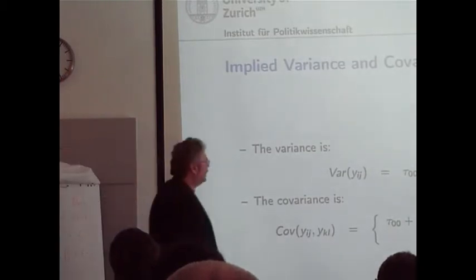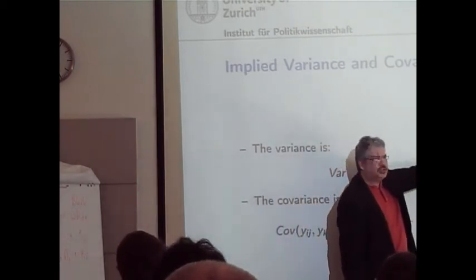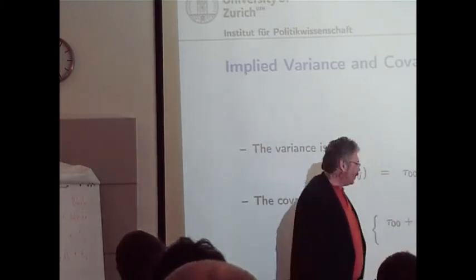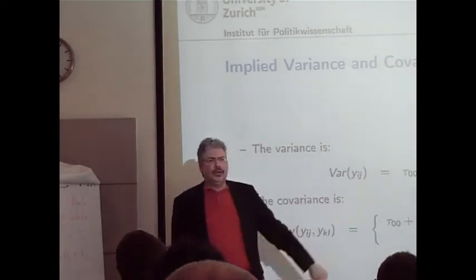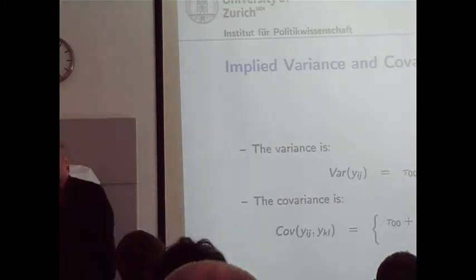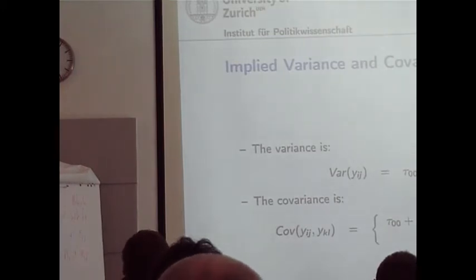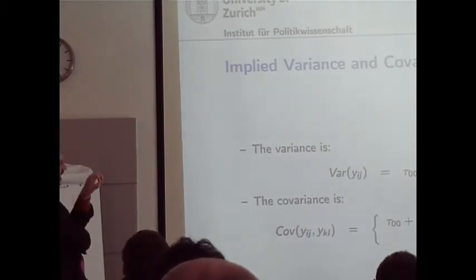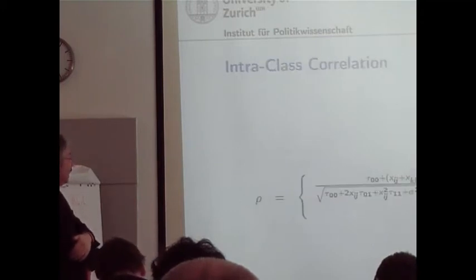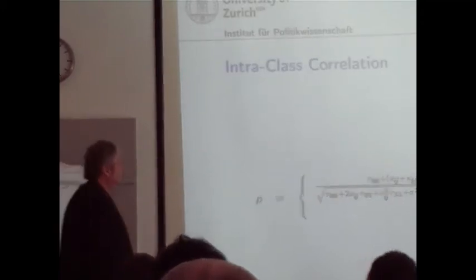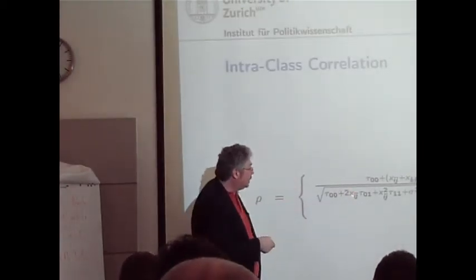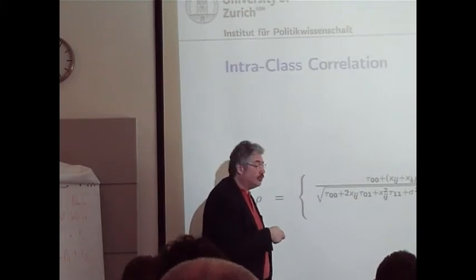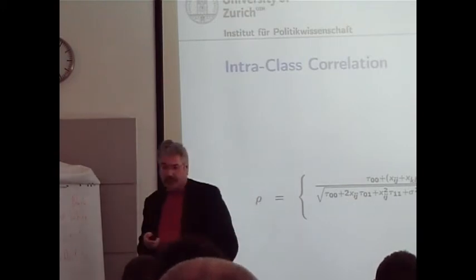OLS says variance in y is equal to sigma squared, and covariance is 0 everywhere. Every single observation is independent from the next observation. We see this is much more complicated, and again it introduces interclass correlation. In this case it's a function also of the values of predictors.